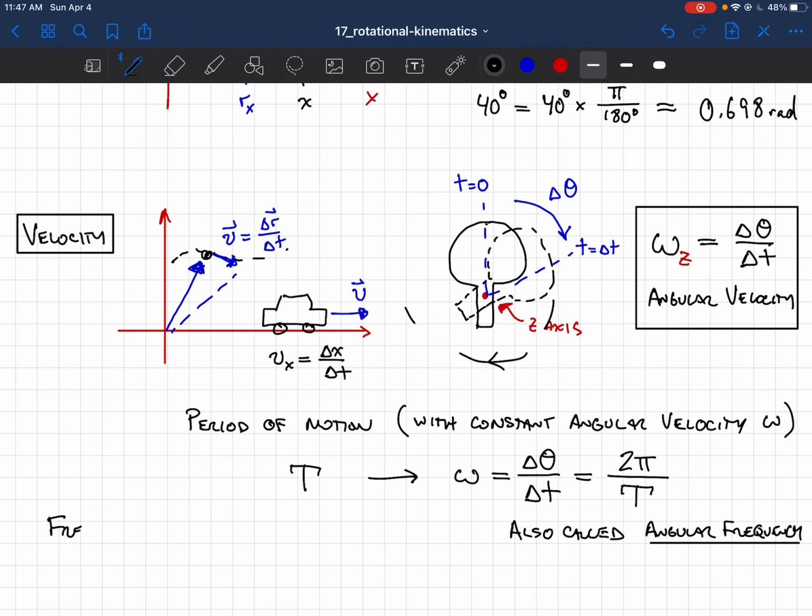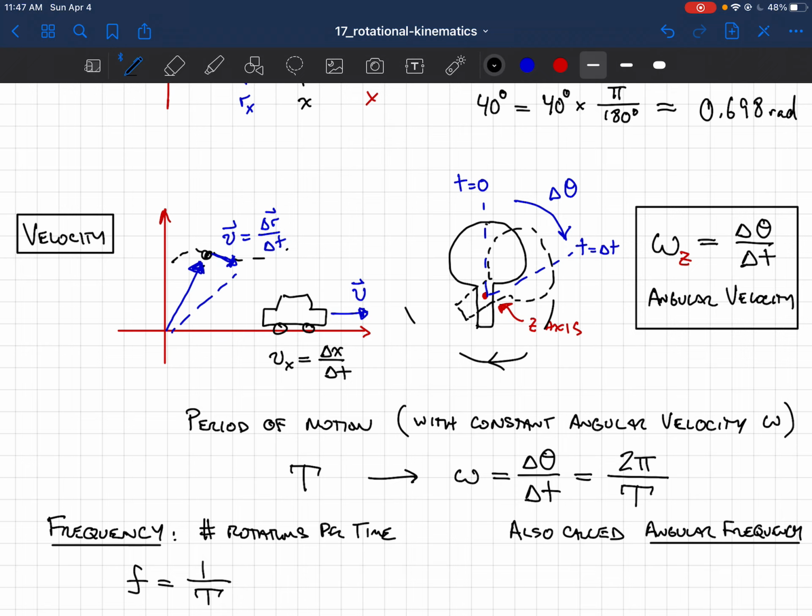Well, what does the frequency mean? It means the number of rotations per time. And that thing, which we can call f, is just equal to 1 over the period.